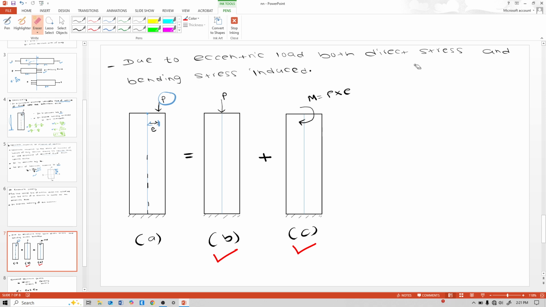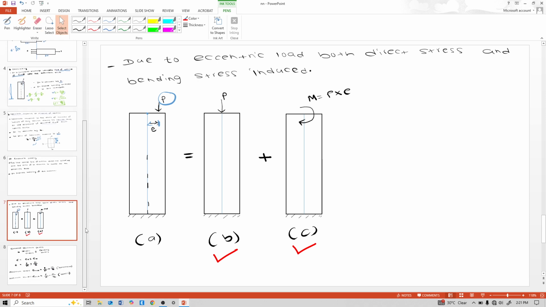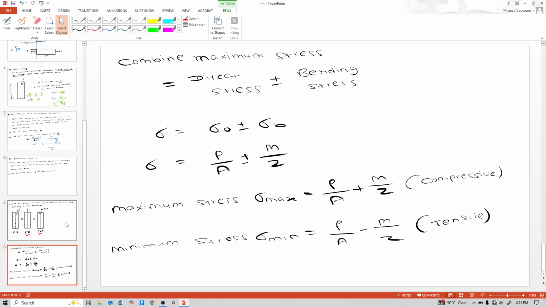Due to eccentric load, both direct stress and bending stress are induced. We have seen that the combined maximum stress is the direct stress plus or minus the bending stress.